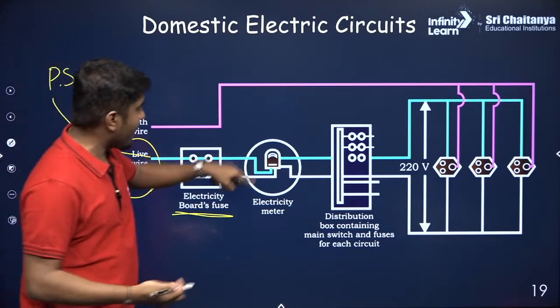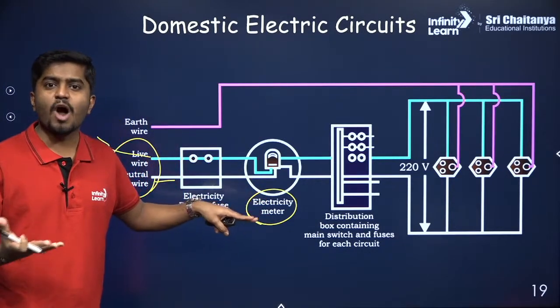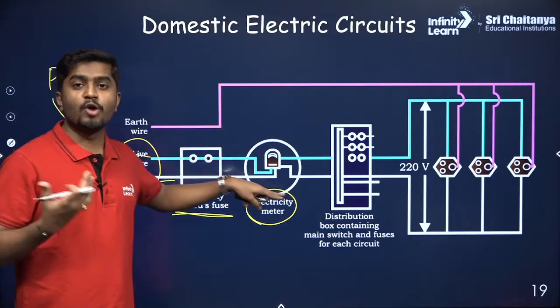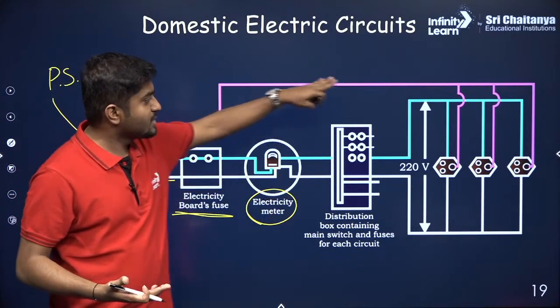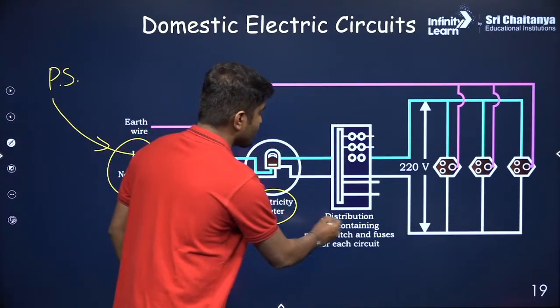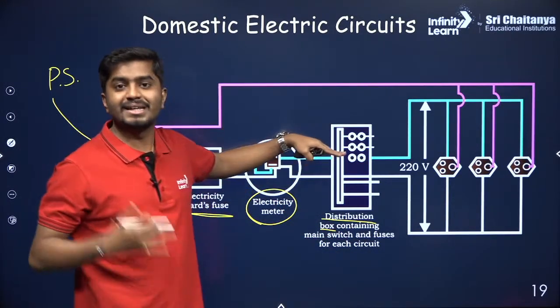So after this we have electricity meter. Why do we have this? To measure how much energy we have consumed, to track the amount of energy which is consumed. And then there is a grid, or there is a distribution box. So what it does, it separates the devices.